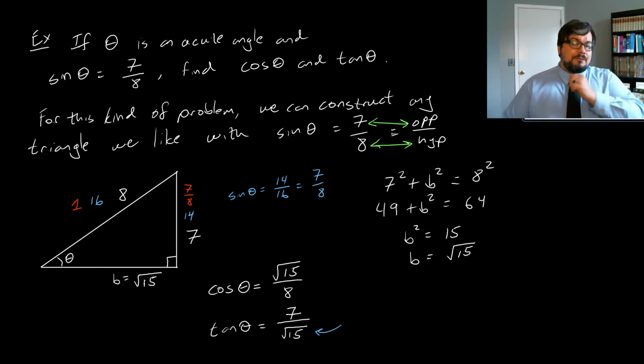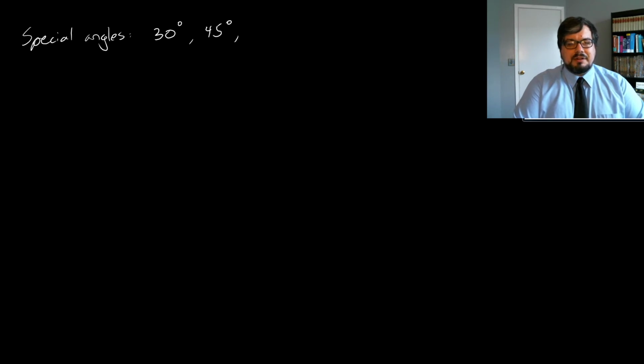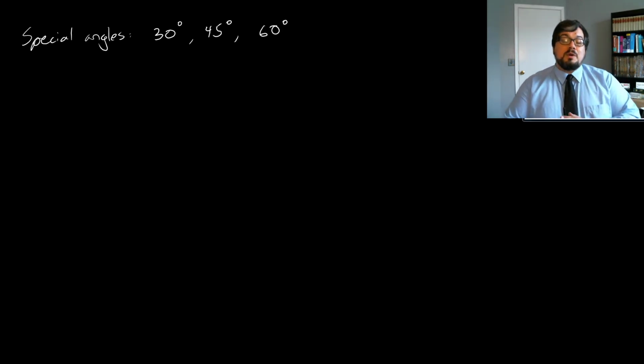There are a few acute angles which are particularly important to us, and they are the acute angles of 30 degrees, 45 degrees, and 60 degrees. So let's look at our special angles. We're going to want to know, or at least be able to find, the values of sine, cosine, tangent, etc. for all of these angles very quickly.